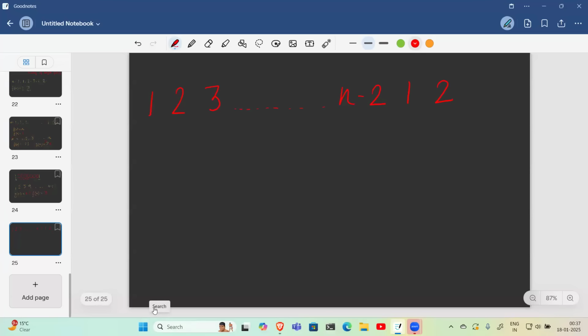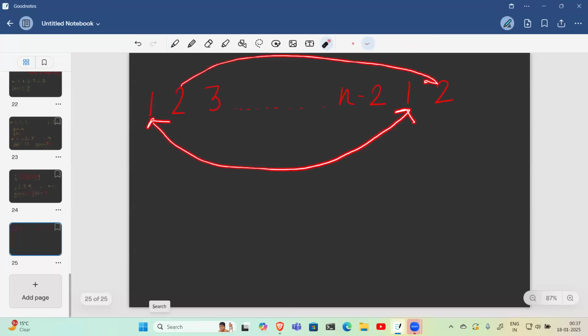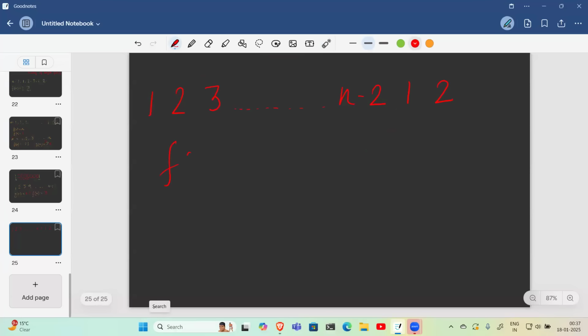Why did I do this? First of all, understand the psychology behind doing this. I did this so that I can get the benefit for this pair of ones, and I can also get the benefit for these two twos. That was my initial psychology. So anyone who can say what is the value of f of a and g of a here?